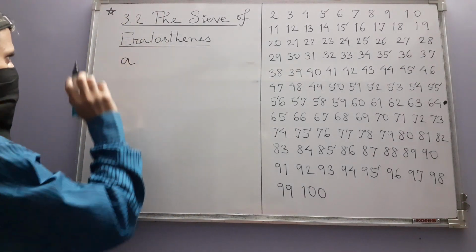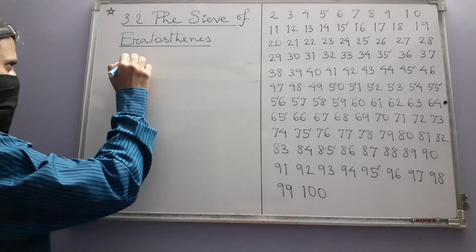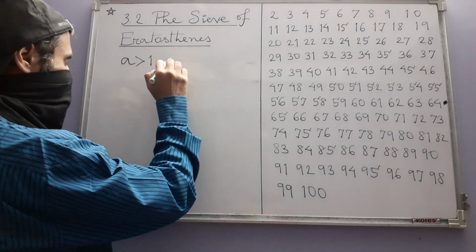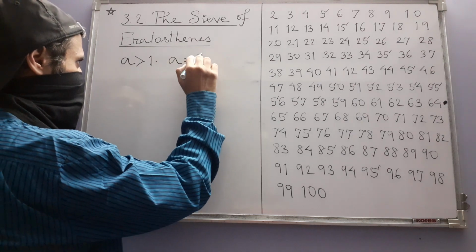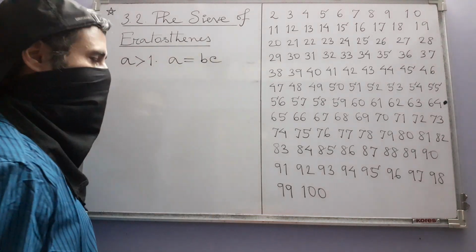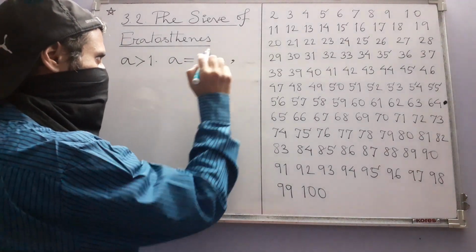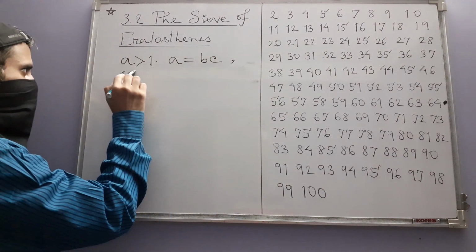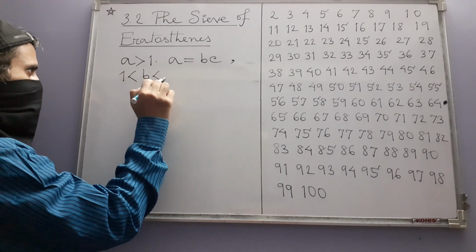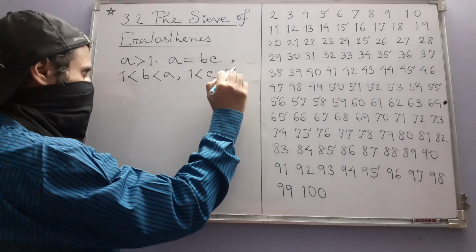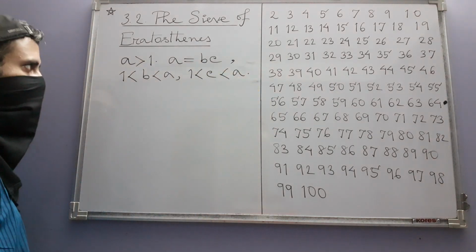Say A is a composite integer. A is greater than 1, of course. We are not considering negative integers. Then A can be factorized non-trivially as B times C, where B and C satisfy these inequalities.